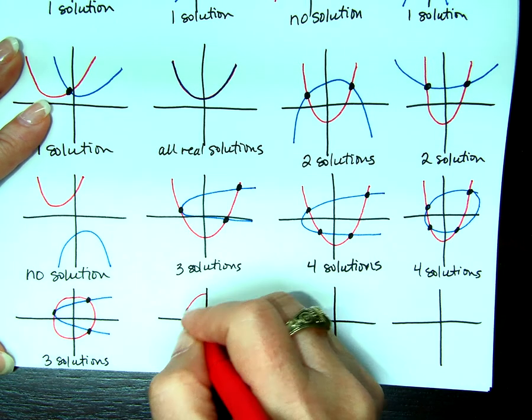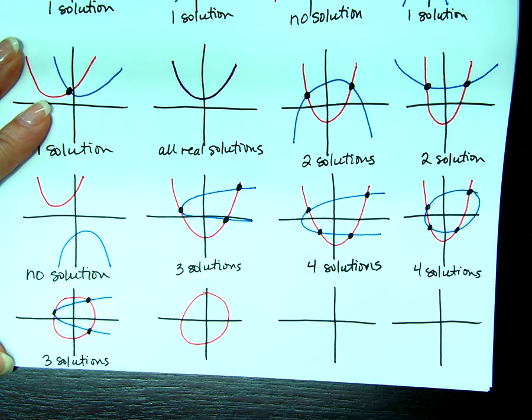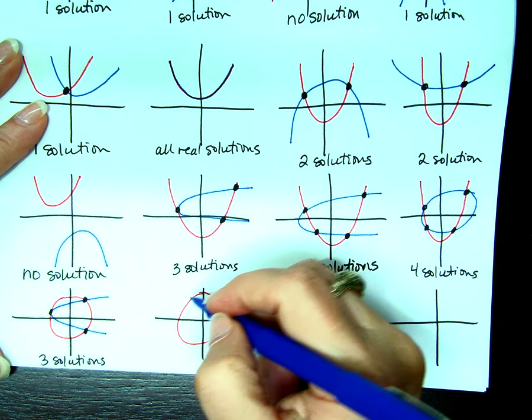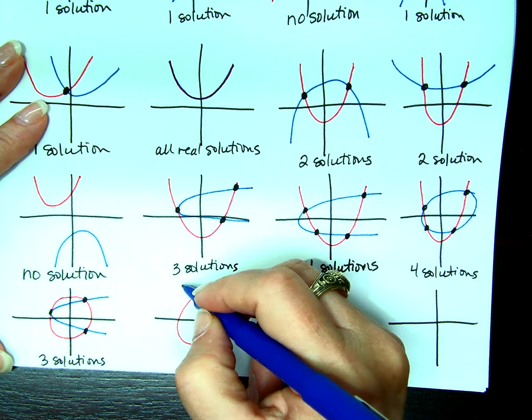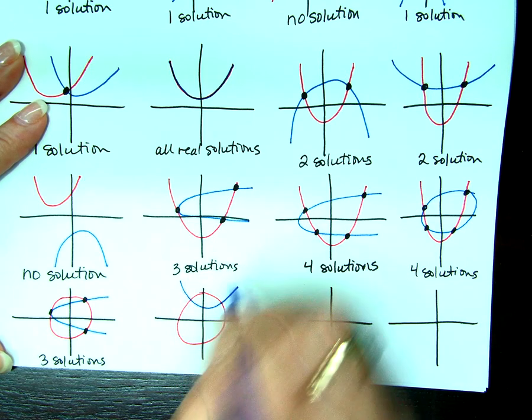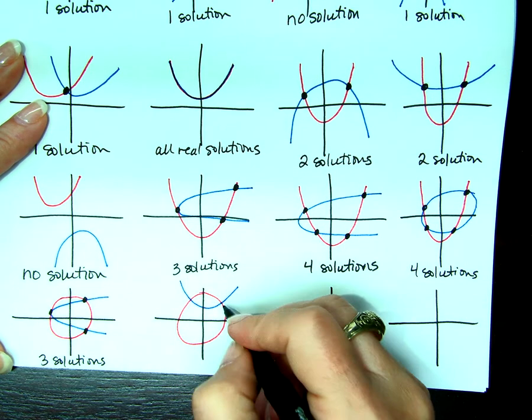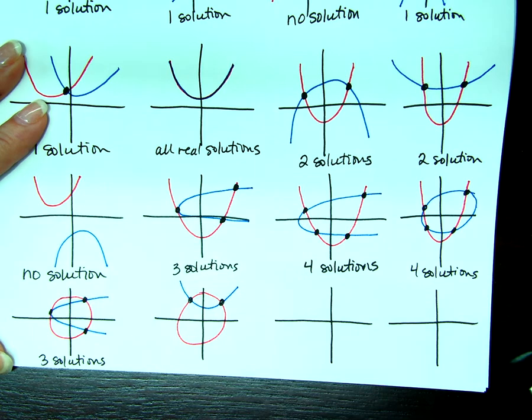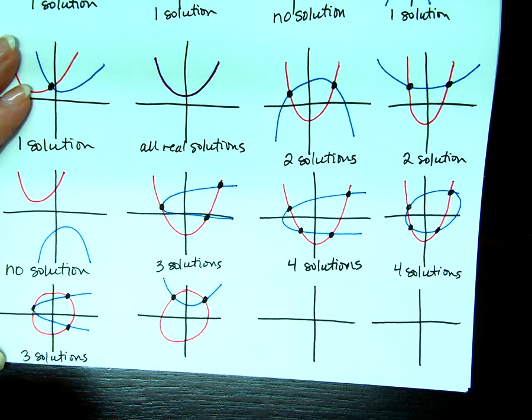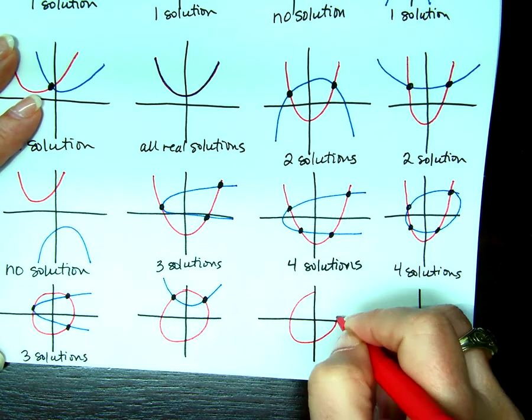Is 2 solutions possible if there's a circle? Yeah, there's 2 ways, isn't there? Well, at least 2 ways. We've got this, right? Here and here. Or we've got this.